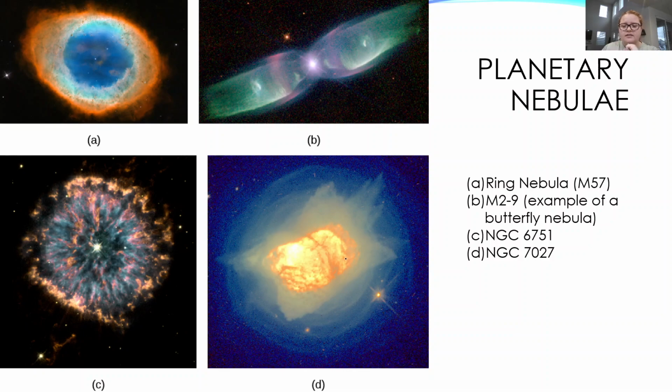And this is NGC 7027. So you can see that there are different looks to these things. It depends on what angle we're looking at them from, or how they collapsed into the state, or what the planets were made out of. It just all depends on how it will look to us.